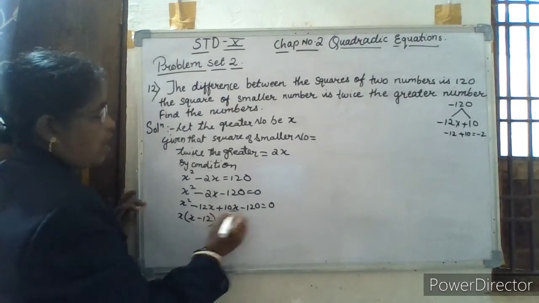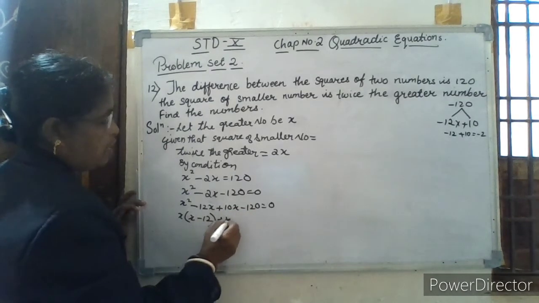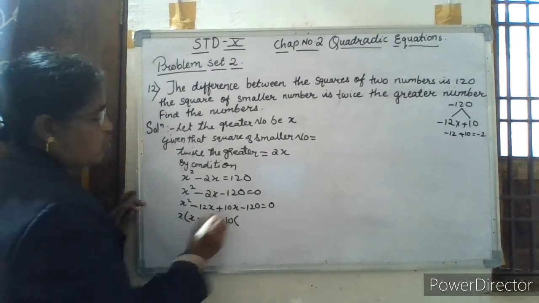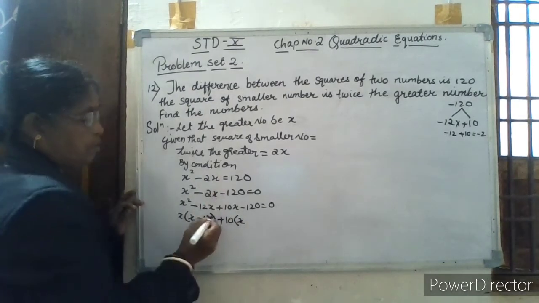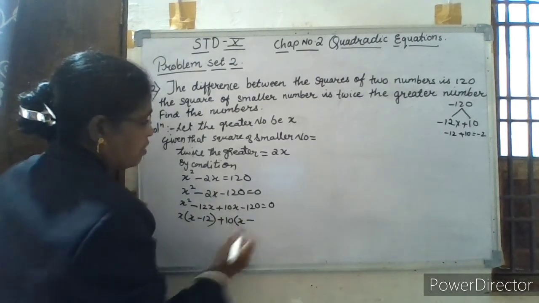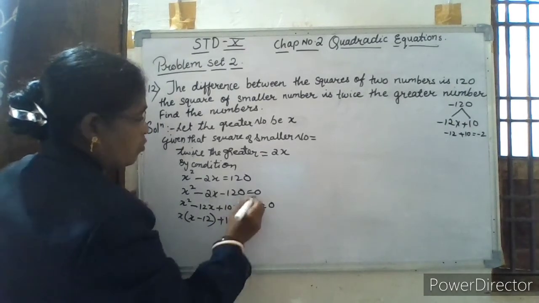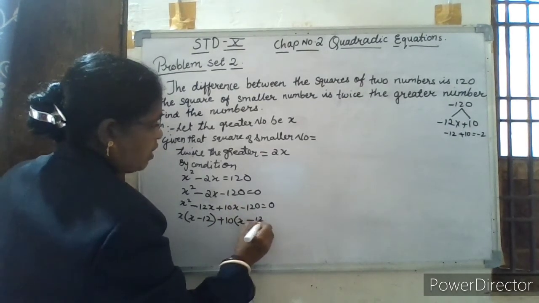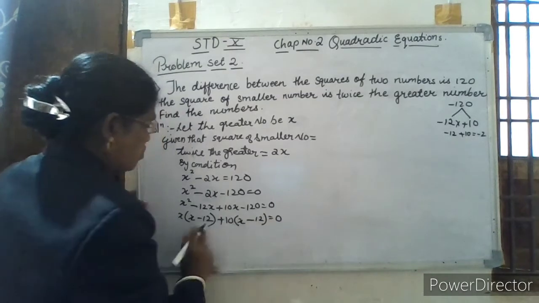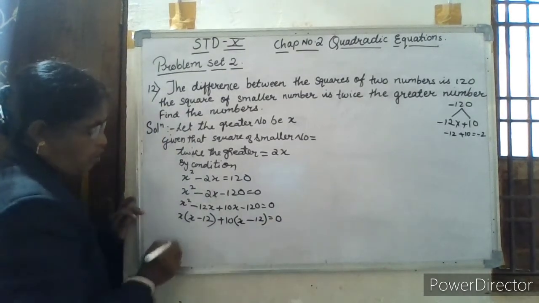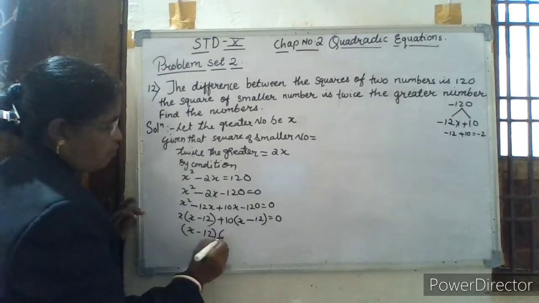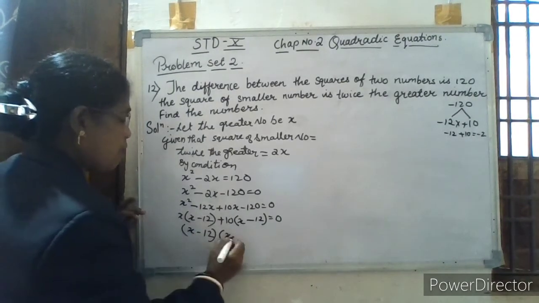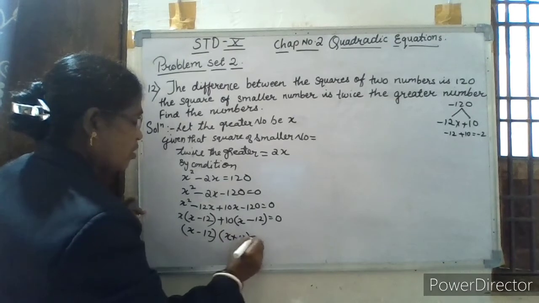From the other two terms, 10 comes out as common, so plus 10 times x minus 12. Both brackets are the same. So x minus 12 is one factor, and the other factor is x plus 10.